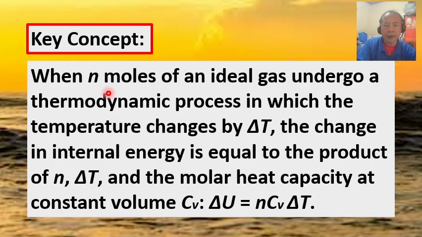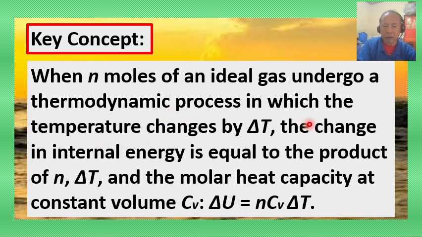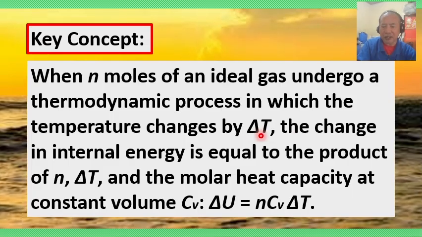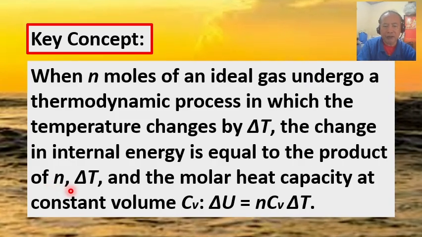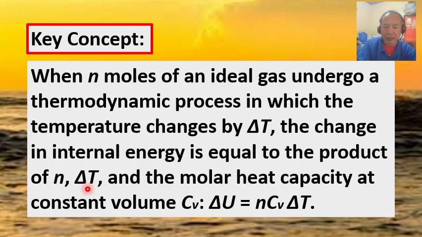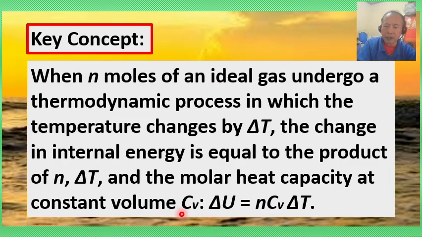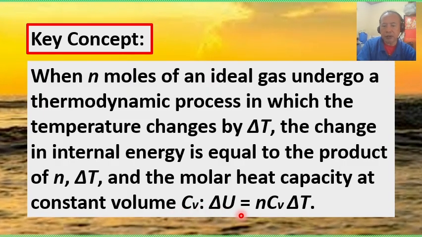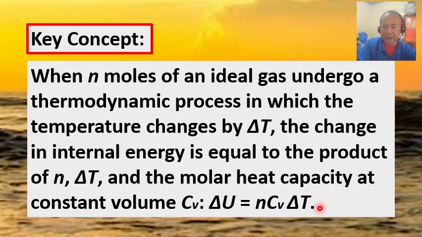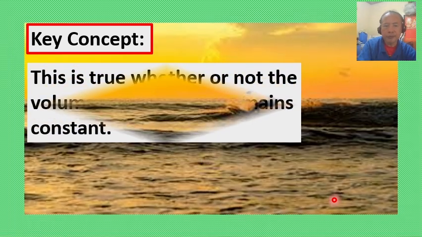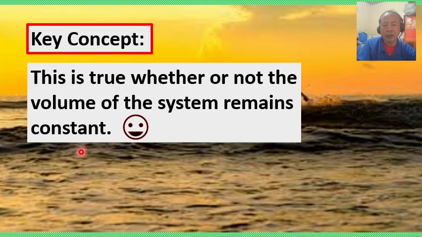When small n moles of an ideal gas undergo a thermodynamic process in which the temperature changes by delta T, the change in internal energy is equal to the product of the number of moles small n, the change in temperature delta capital T, and the molar heat capacity at constant volume C sub V. That is, delta U is equal to the product of small n, C sub V, and delta T. This is true whether or not the volume of the system remains constant.